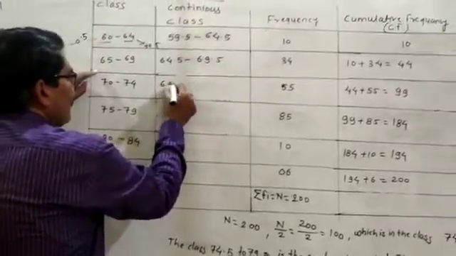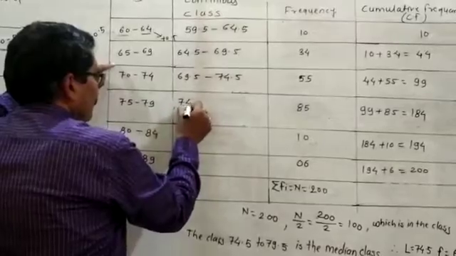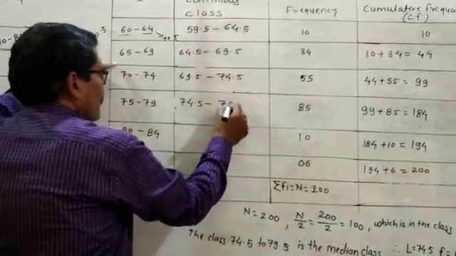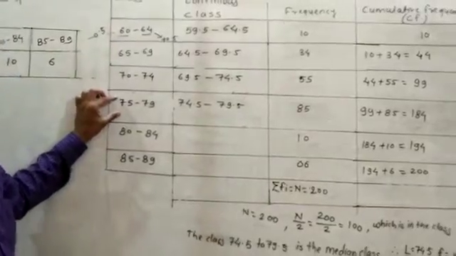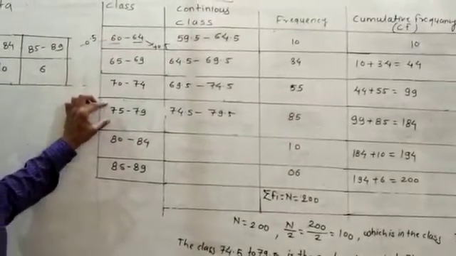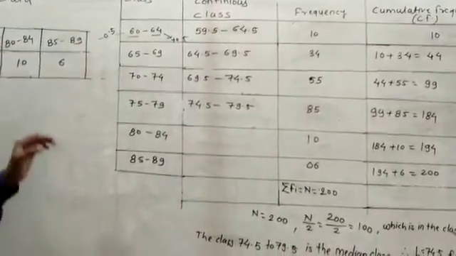This will come 69.5 to 74.5. This will come 74.5 to 79.5. For each and every class, from the lower limit you have to subtract 0.5 and in the upper limit you have to add 0.5.